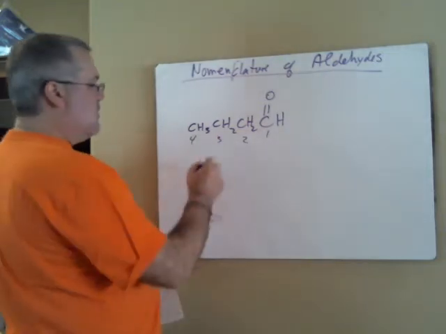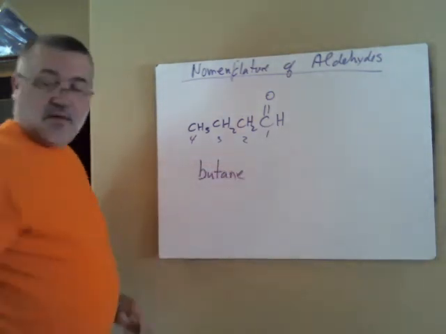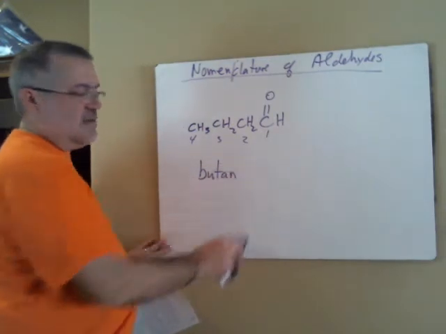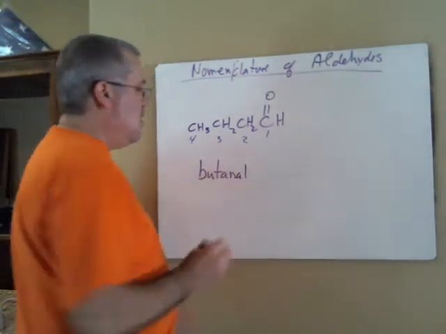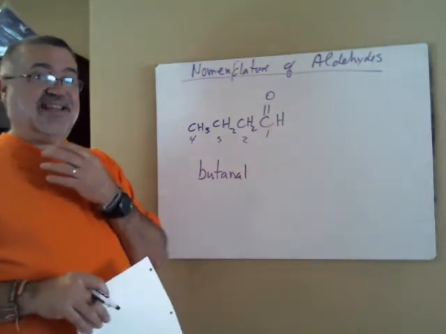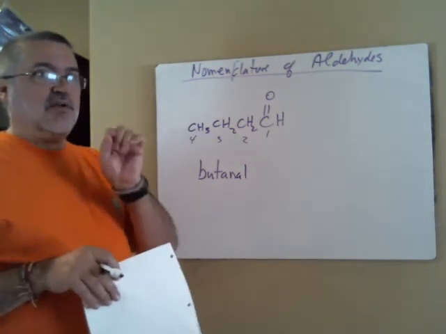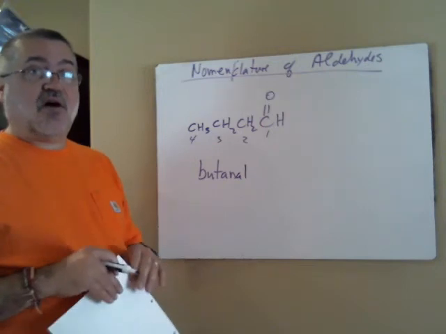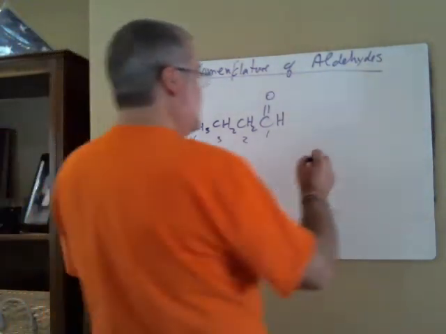Okay, if this were an alkane, this would be butane. Okay, so to name it as the aldehyde, I drop the E and I add Al. Butanal. Okay, you notice how nal, not butanol. You have to make sure that you're enunciating so you don't get it confused with the alcohol. So butanal.